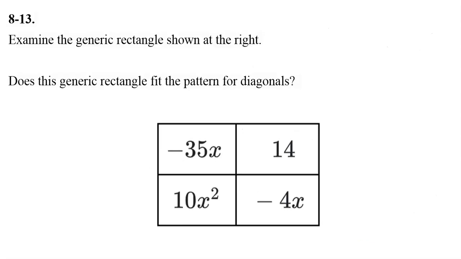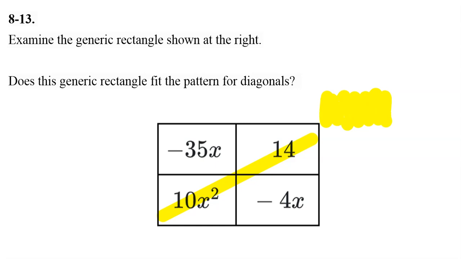So let's get into it. We're going to examine this rectangle here. Does this fit the pattern for the diagonals? If we multiply 10x squared times 14, we're going to get an answer.